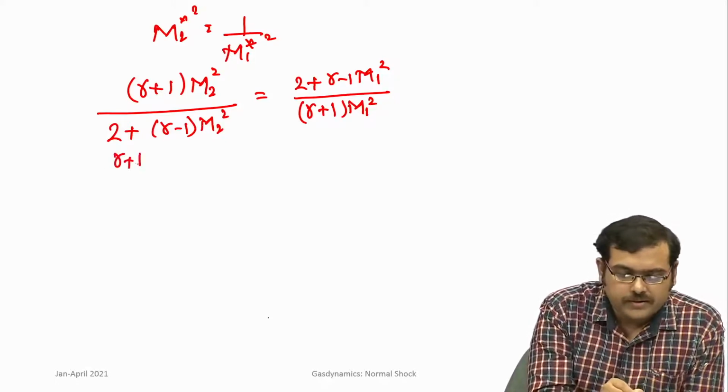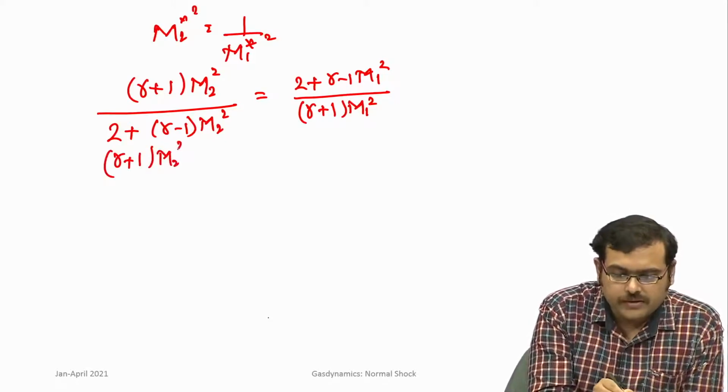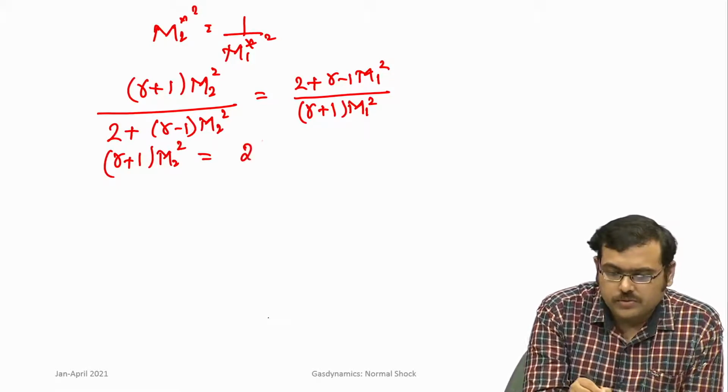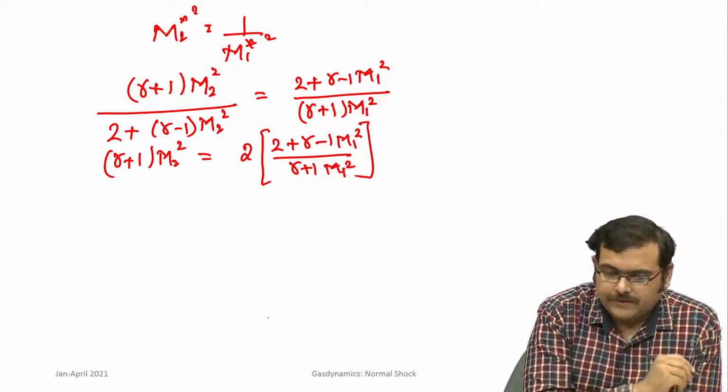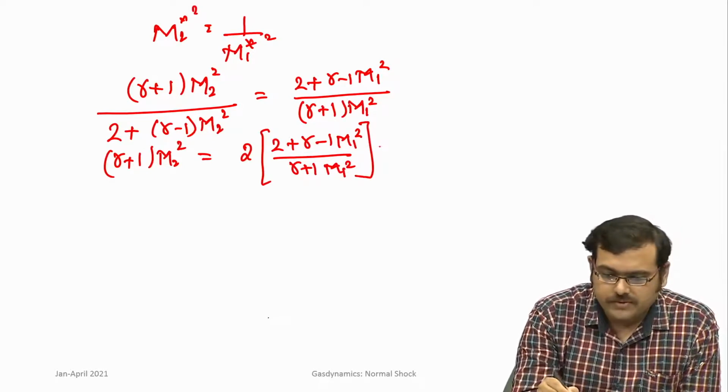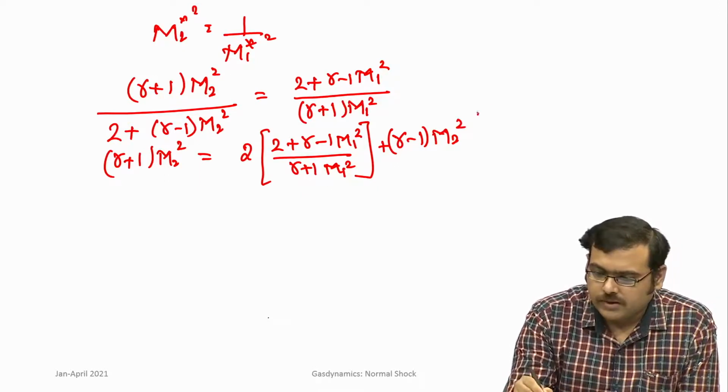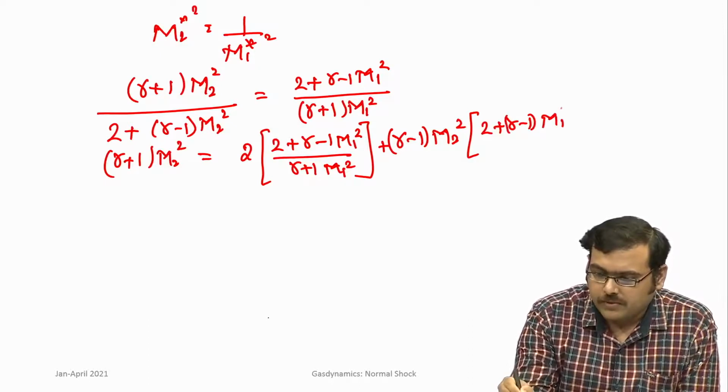So you get gamma plus 1 m2 square is equal to 2 multiplied by 2 plus gamma minus 1 m1 square, gamma plus 1 m1 square, and plus gamma minus 1 m2 square multiplied by 2 plus gamma minus 1 m1 square divided by gamma plus 1 m1 square.